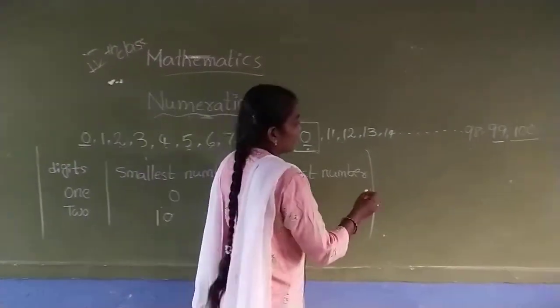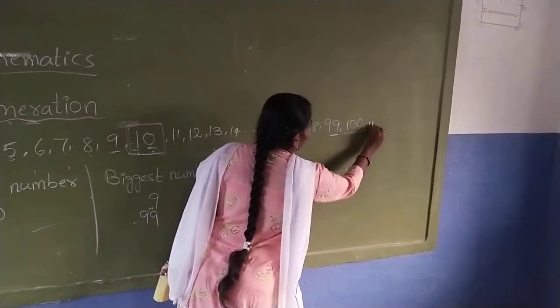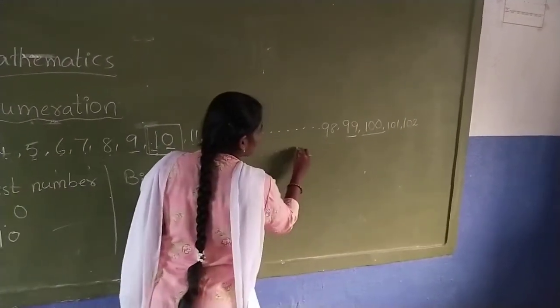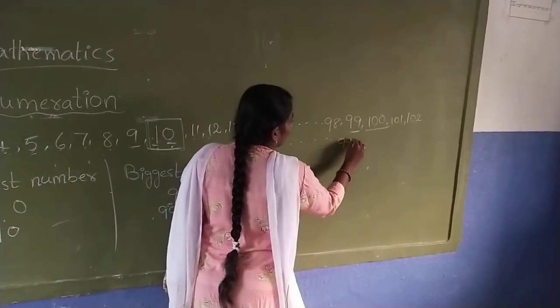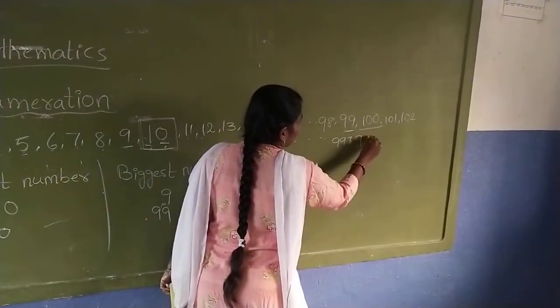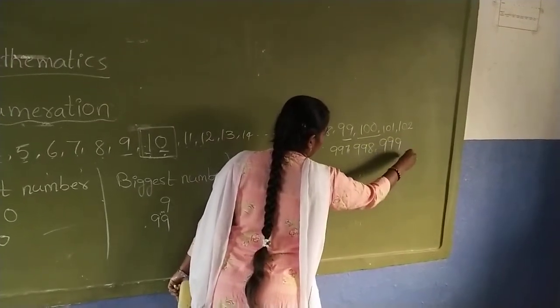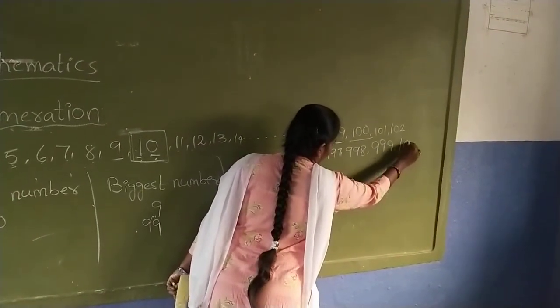After that 100, we have 101, 102 and so on, 997, 998, 999 and 1000.